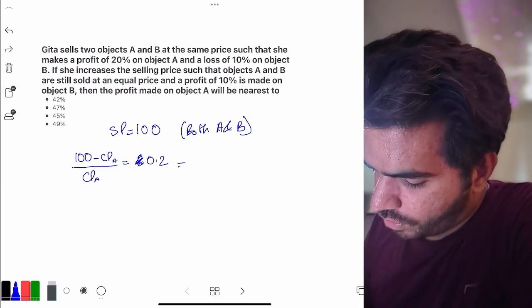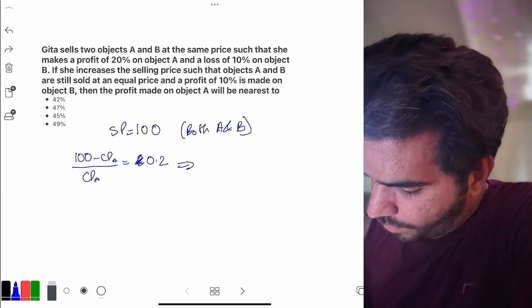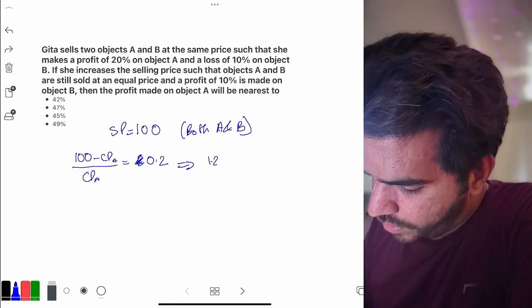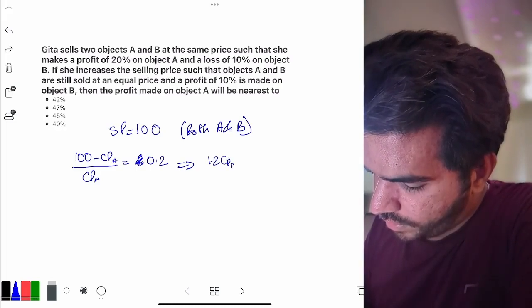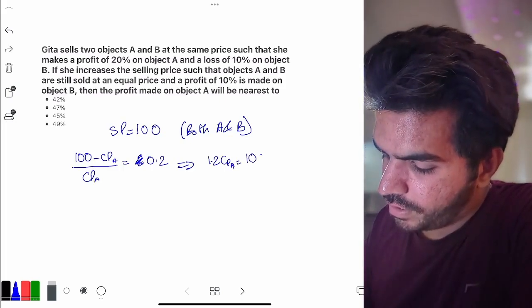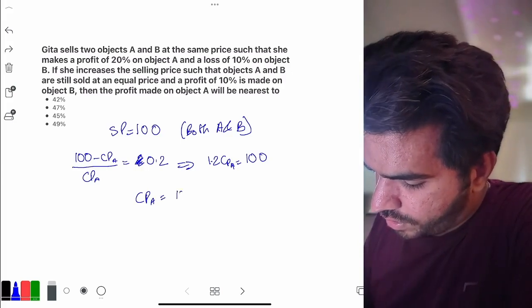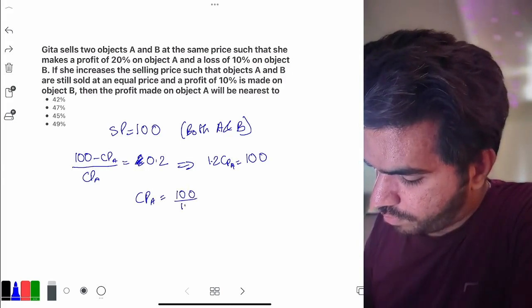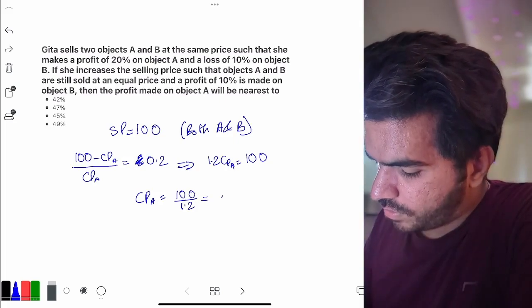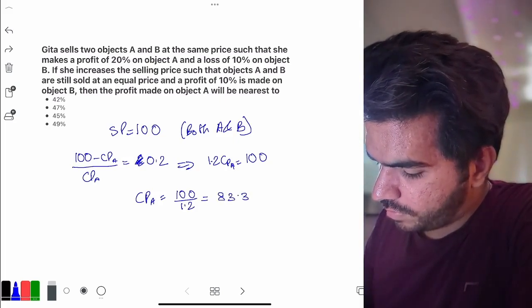Solving this, 1.2 CP of A is equal to 100. Now CP of A is equal to 100 by 1.2, which is 83.3 something.